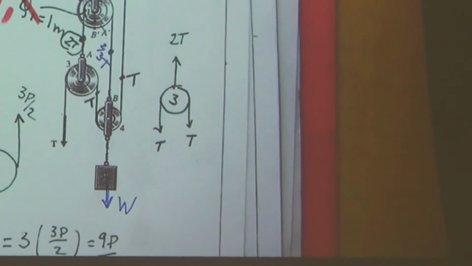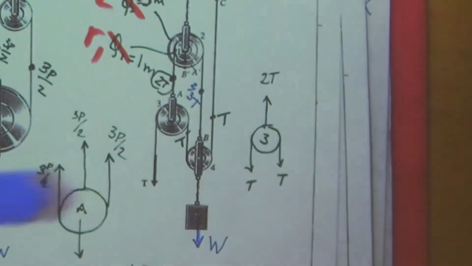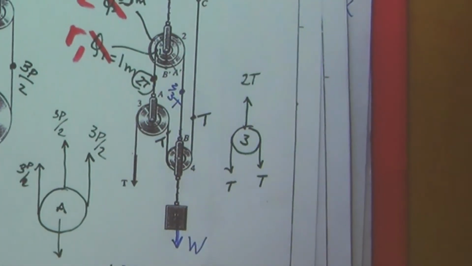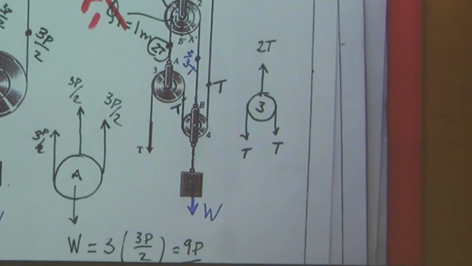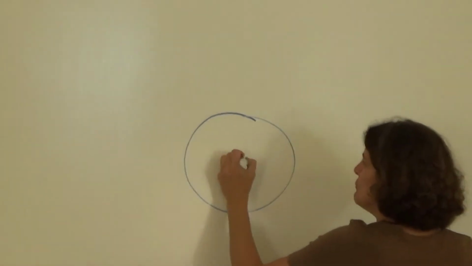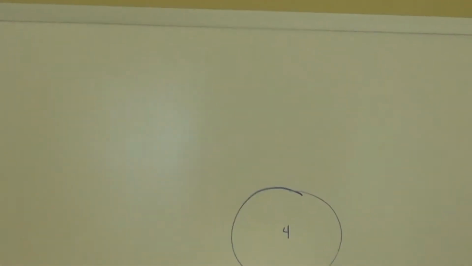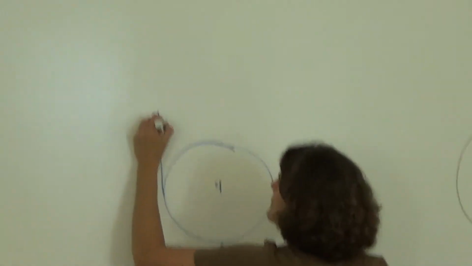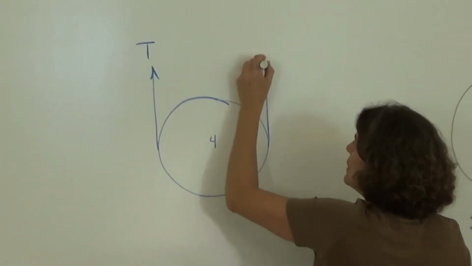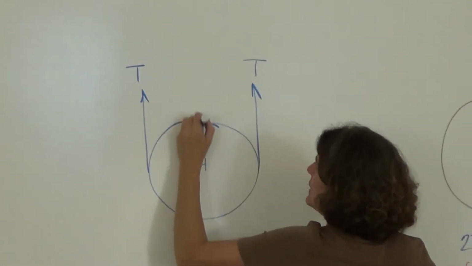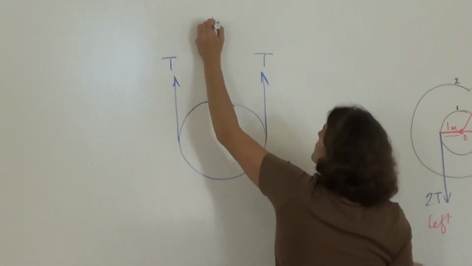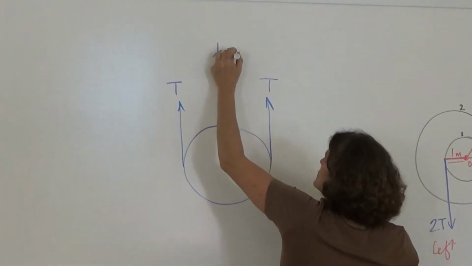So I can draw a free body diagram of pulley, what is that, 4? So let's see, here's 4, right? This is pulley 4. We have T going up here, T going up here, and we have, what did we solve, 1/3 2T here.